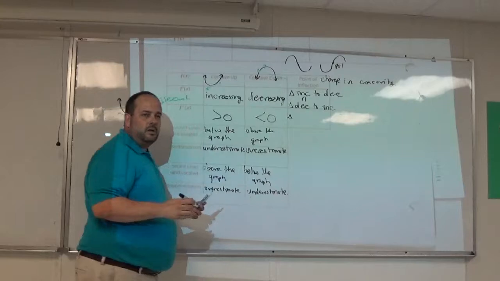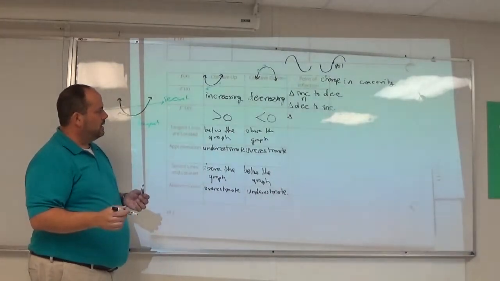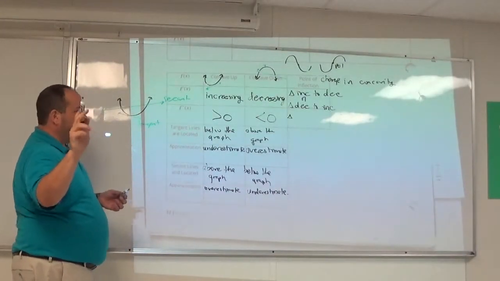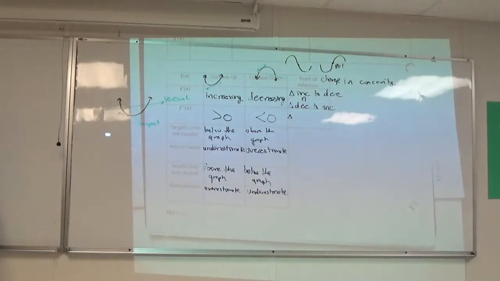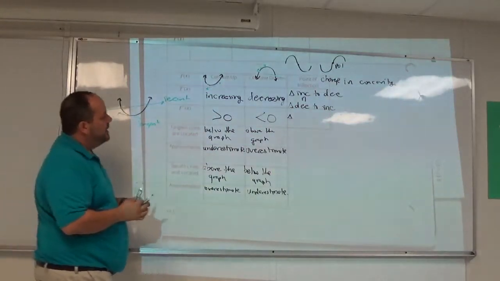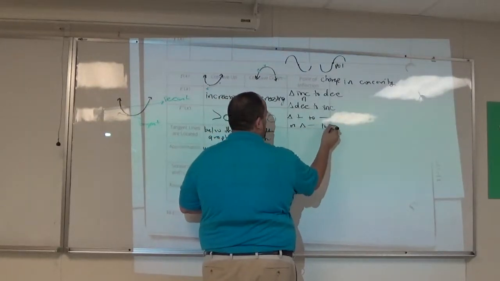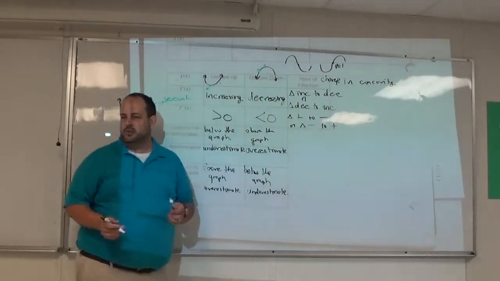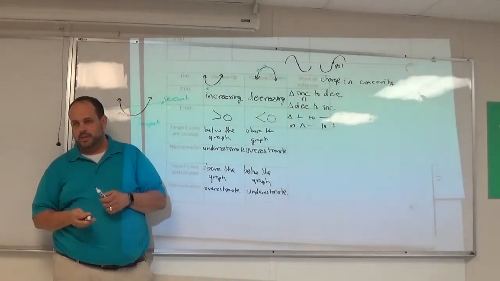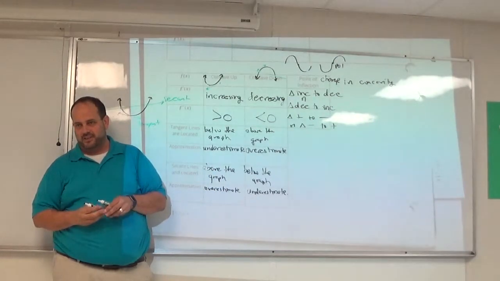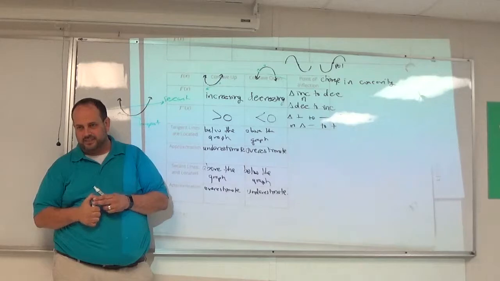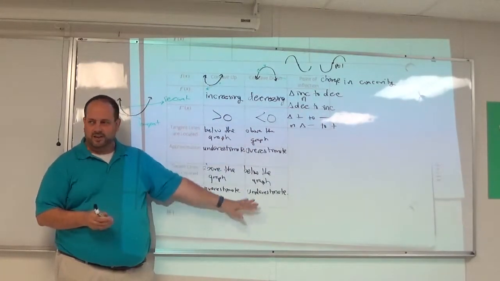What do you mean the opposite? I disagree. It's not that F double prime changes from increasing to decreasing. It's a change from positive to negative, or it's a change from negative to positive. You could just say it's changing sign. That would be the same. Ashley, you okay? Stay with me. We got this. Everybody's good?